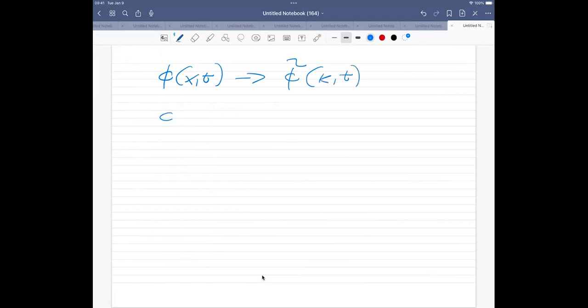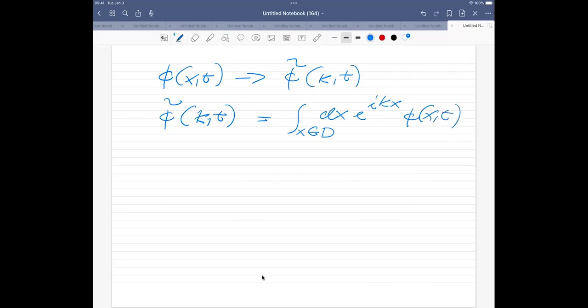And we know that this phi tilde of k and t is given by an integral where I integrate over all x, typically from minus infinity to plus infinity, with an e to the i k x, and then I multiply this with phi of x and t. So that's the definition, and the inverse one has e to the minus i k x. You've probably seen some of this, but I just wanted to remind you of that.